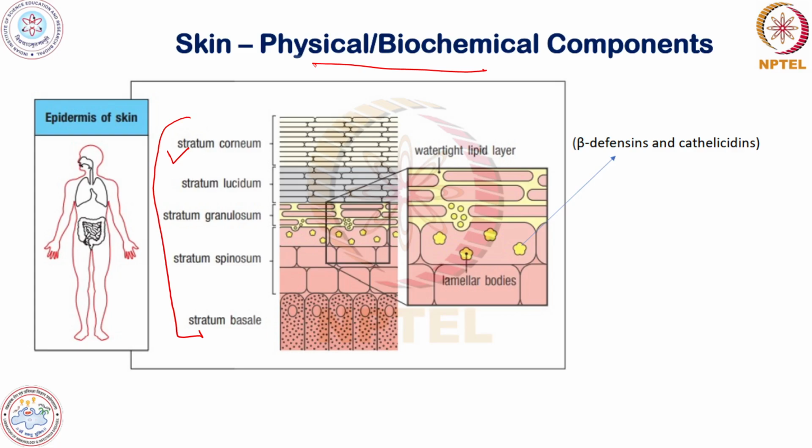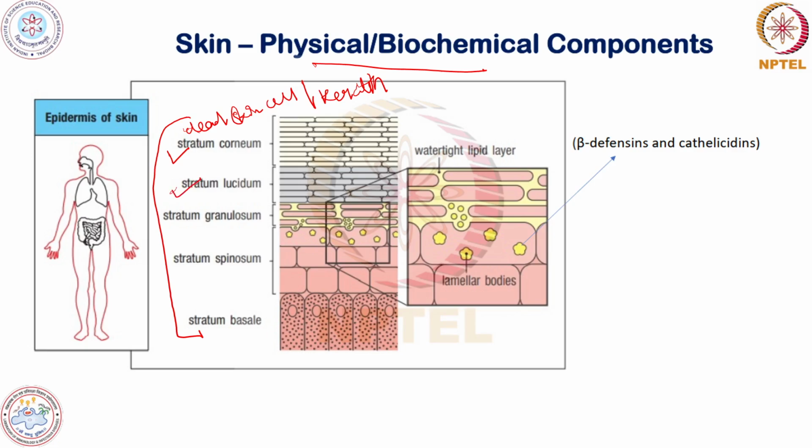This is the outermost layer, which is made up of dead skin cells and keratin. So it acts as a tough barrier that prevents microbial entry. This is the hard outside layer.